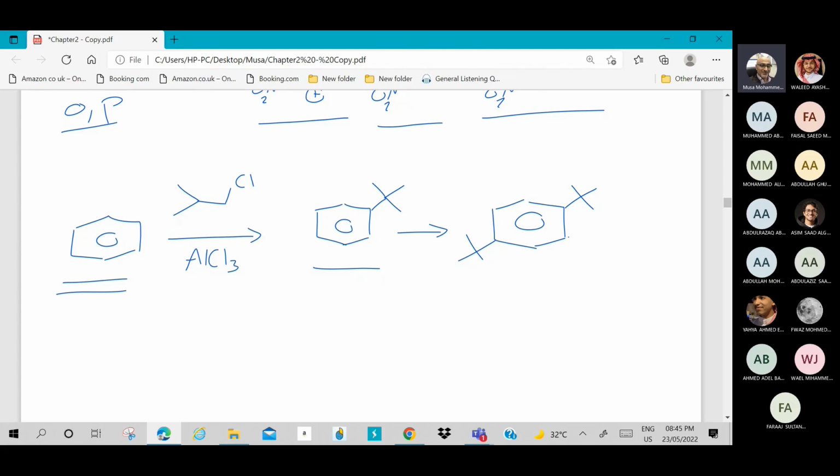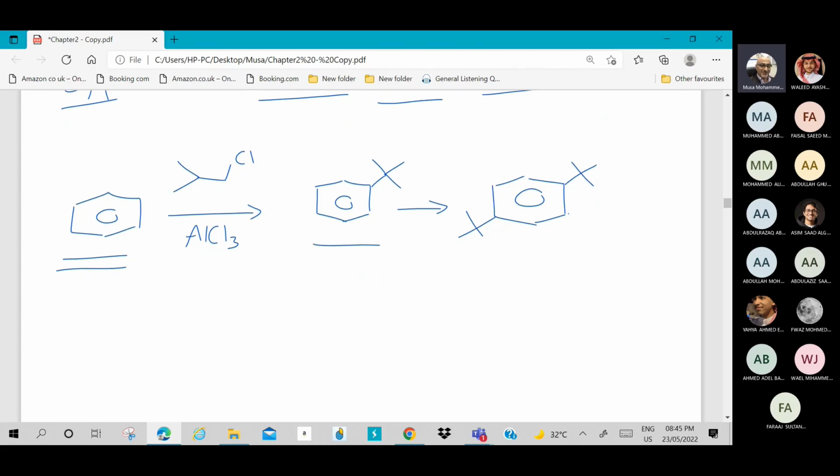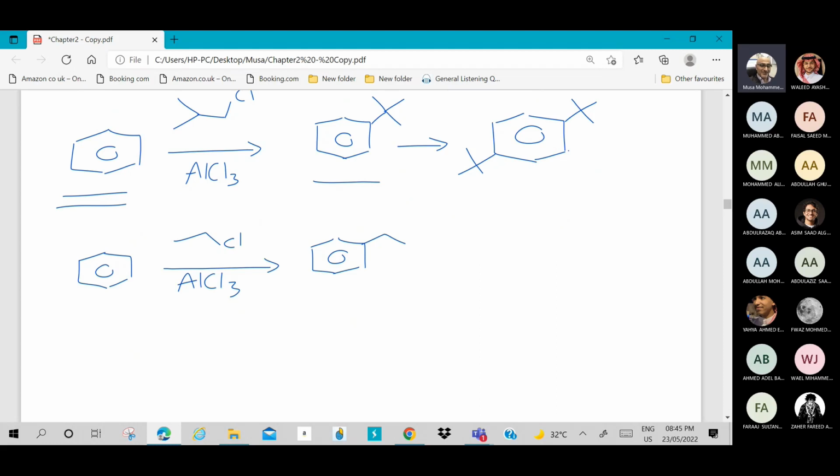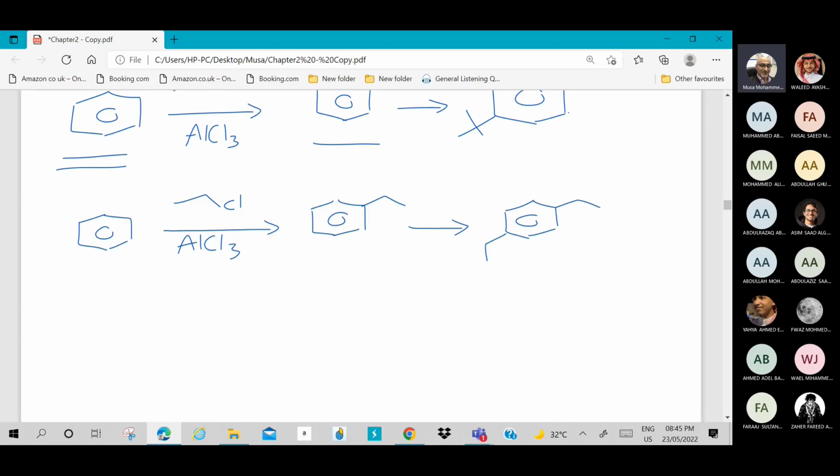So it's not possible that I decide to do this reaction and say that, okay, when I treat this with aluminum chloride, I will obtain this as a product. This is not going to work. The product will be this. You will form the para substituted and some of the ortho product.